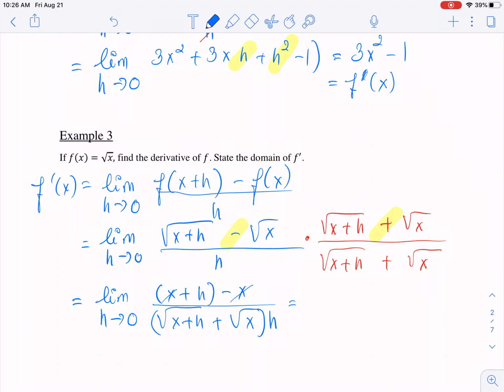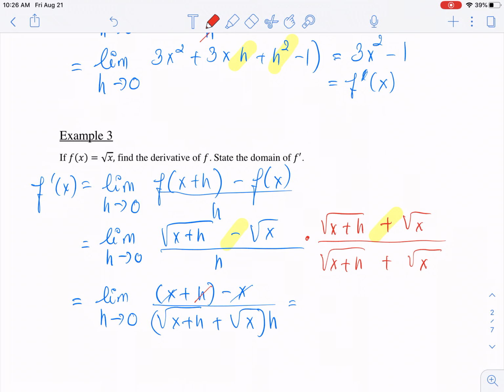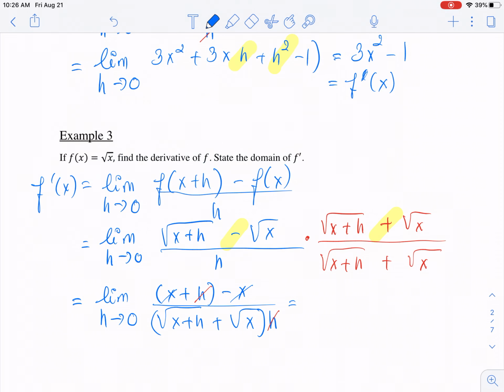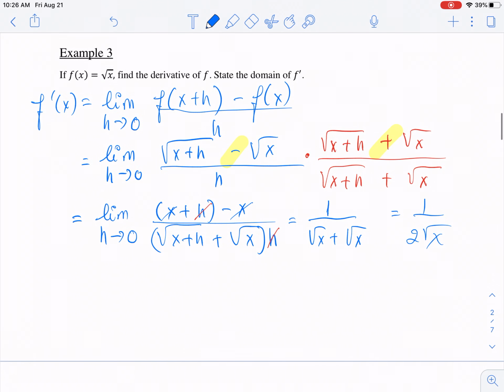You see h, top and bottom right here. We cancel out. So we ended up with one over the square root of x plus the square root of x, which is 1 over 2 square root of x. And that's going to be our function. So that's the f prime.